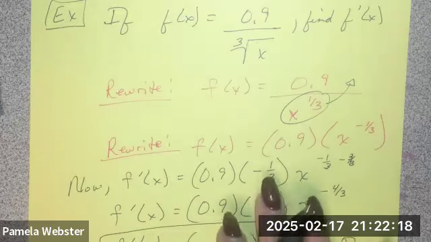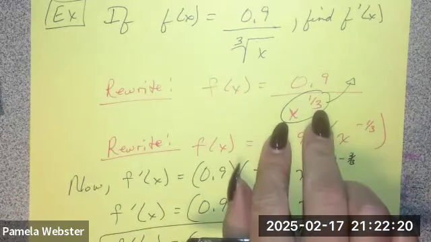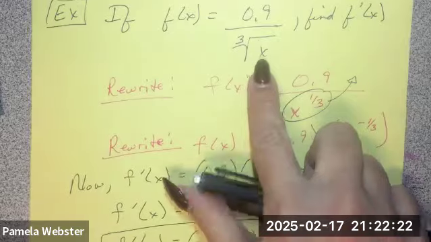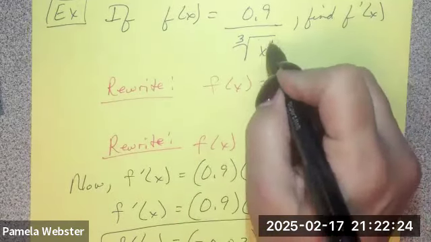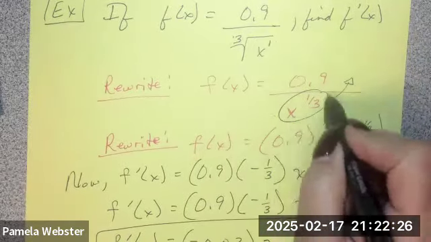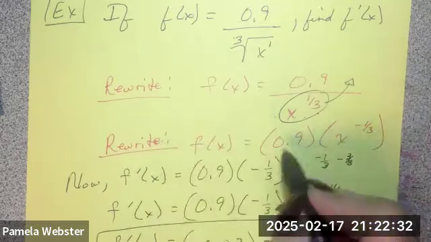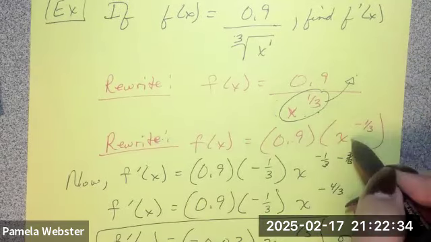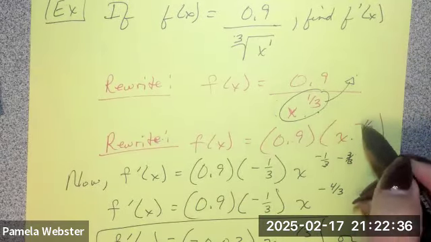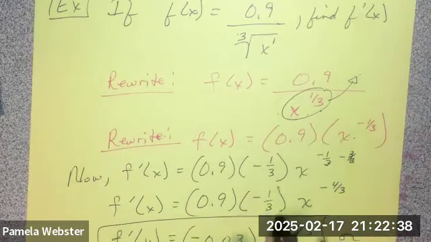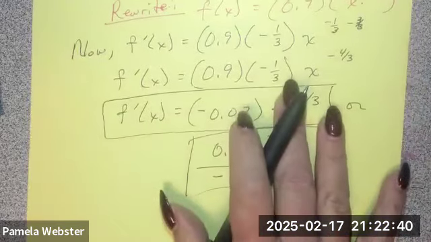Okay, so I rewrote it twice. The first thing I did was make that radical in the bottom a 1/3 power. So I rearranged it so that instead of a radical, it had a fraction exponent. And then the second rewrite I did was to move this to the top. So it makes it a -1/3. Okay, then I applied my power rule.